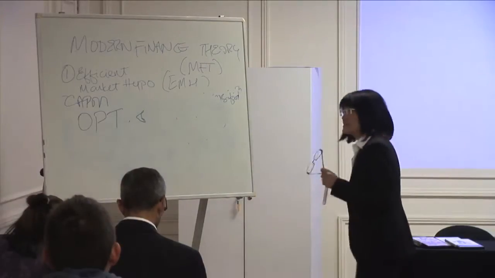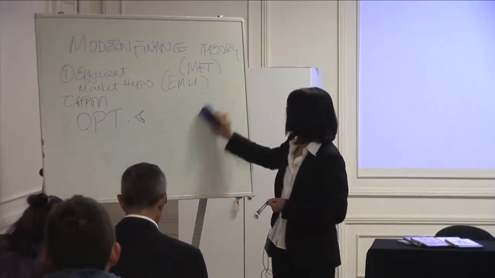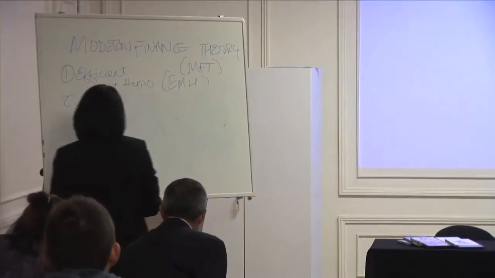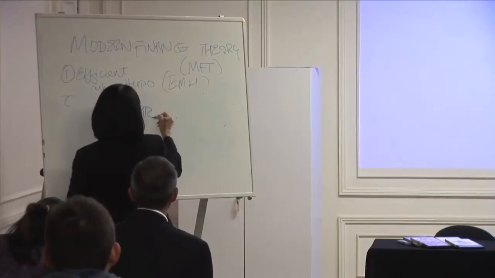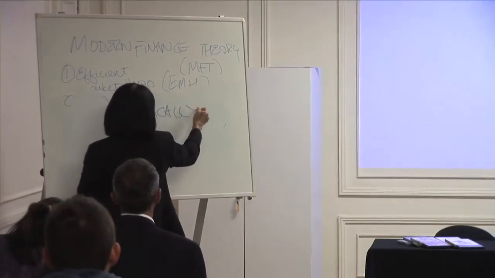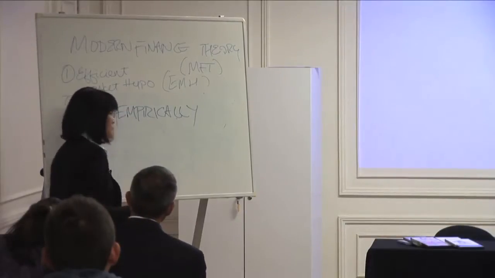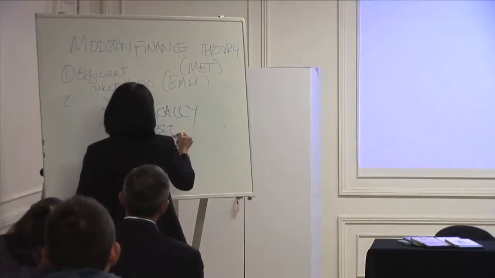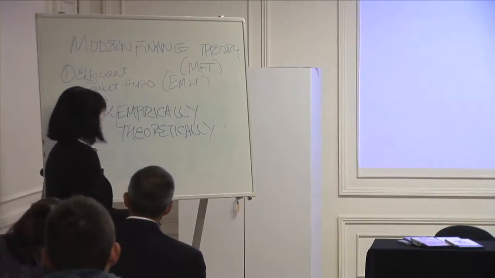So we can see that these 3 theories in modern finance theory are flawed. They are flawed, we say empirically, which means real world evidence doesn't support it. They're flawed theoretically, because they're way too simplified.